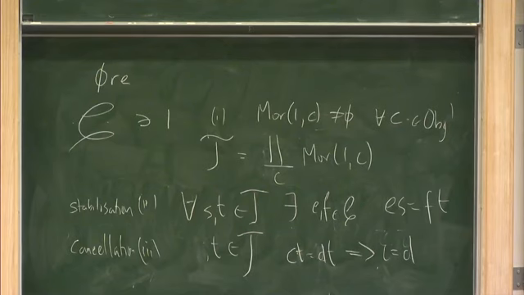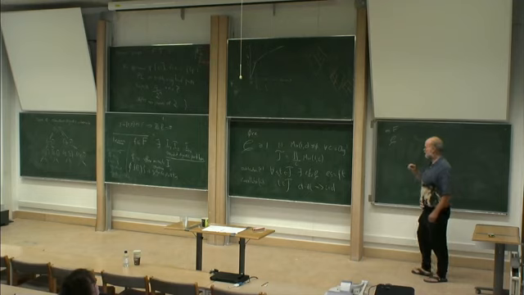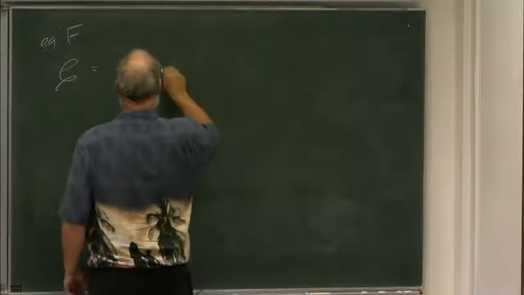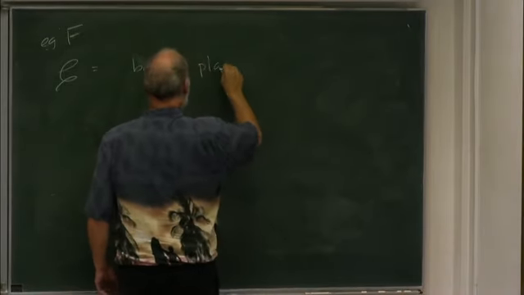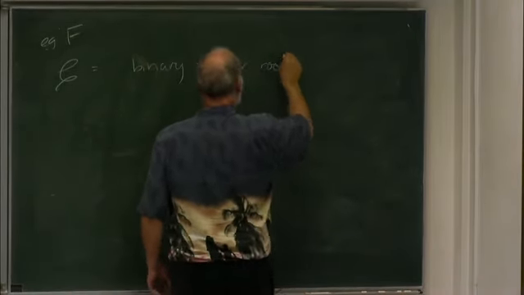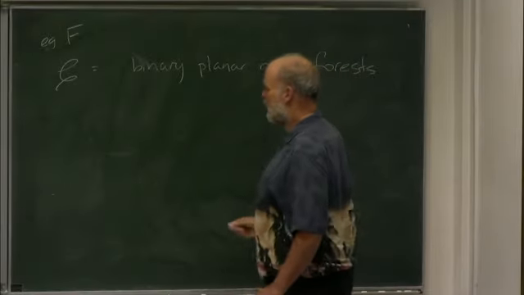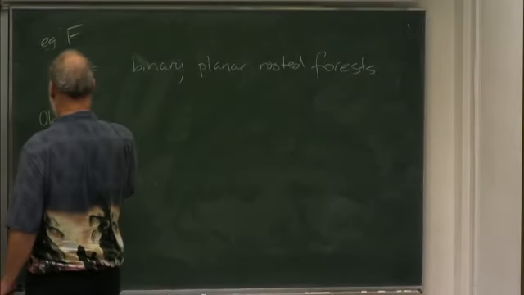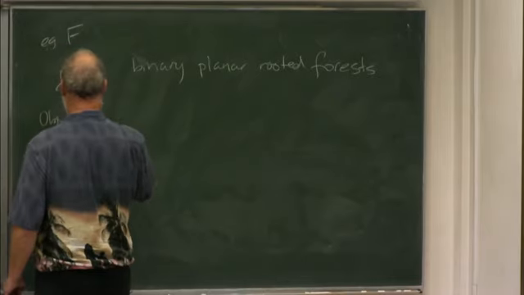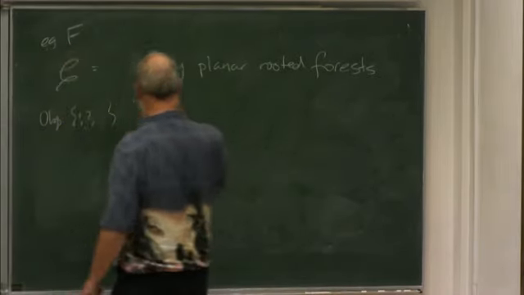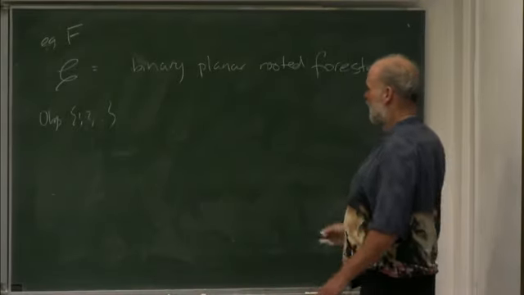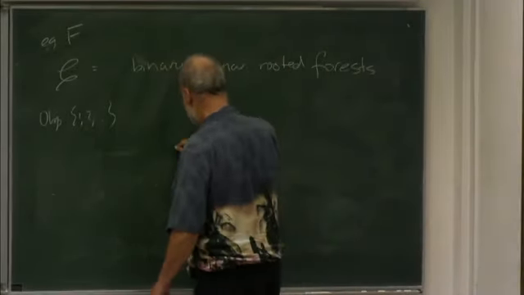So for the Thompson group, we're going to let C equal the category of planar rooted forests, binary planar rooted forests. So the objects are the numbers, and the morphisms are binary planar rooted forests, so I'll draw a picture and then it'll be obvious.